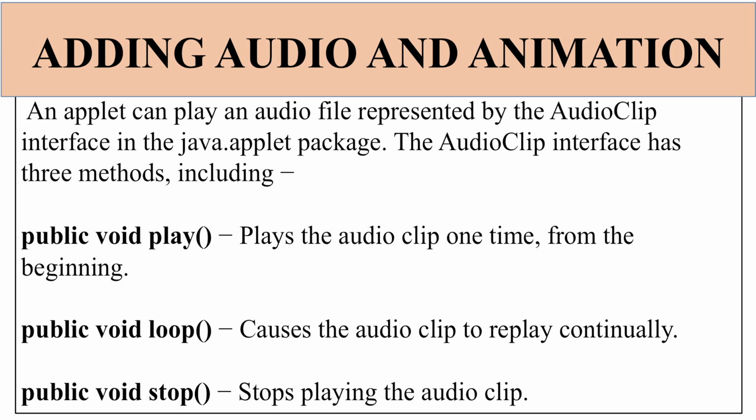And finally, the stop method will stop playing the audio clip. Suppose we have an audio clip of 5 minutes, the stop method will stop it, so automatically the audio stops playing. So these are the three functions: play, loop, and stop.